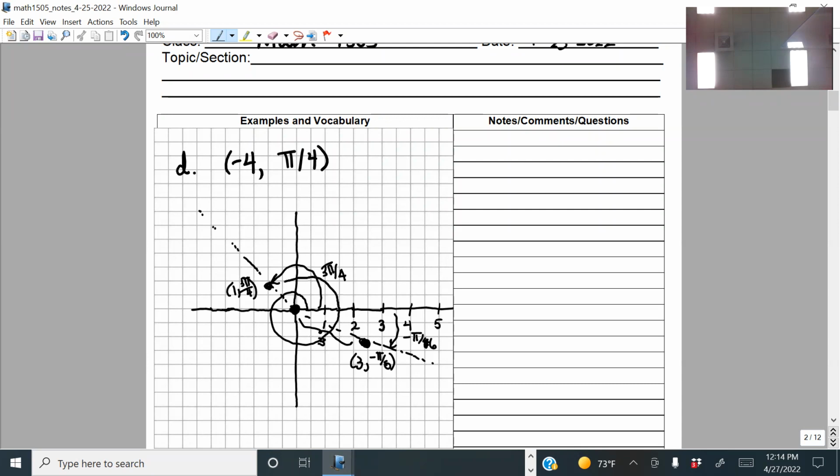So that puts you right there. And then we're going to go distance what? 5, yeah. So go distance 5 out here. That's going to be symmetrical with this distance, so that would put us about right there. So here is 5 and 3π.